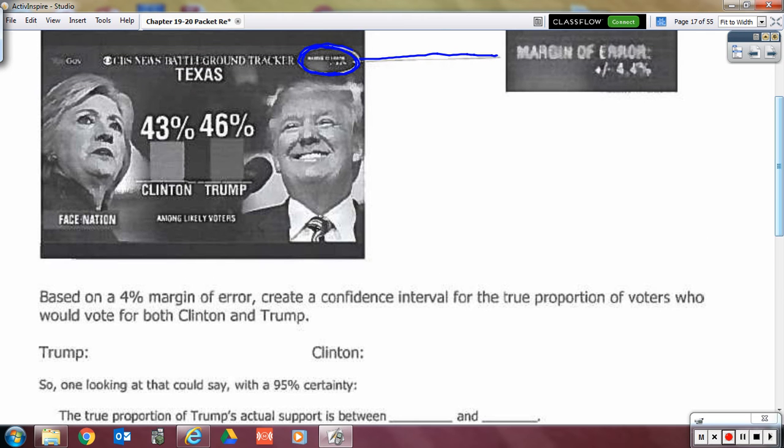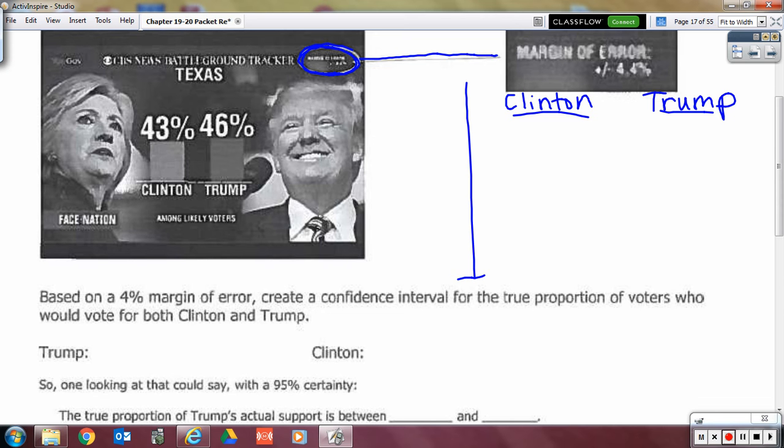In fact, let's draw some intervals for both of those two people. So let's put Clinton and Trump, and we're going to sketch out their intervals. I should have put a number line on there. Maybe for next year I'll add that in. Let's do a little number line over here on the left.